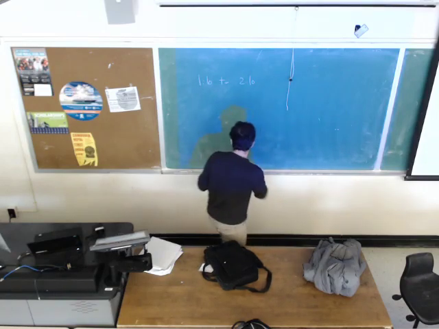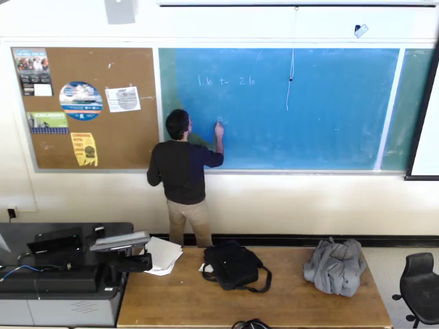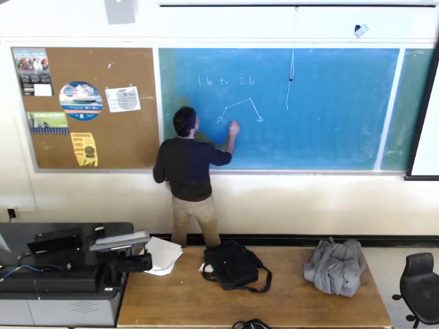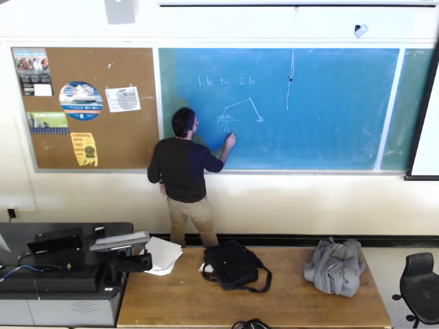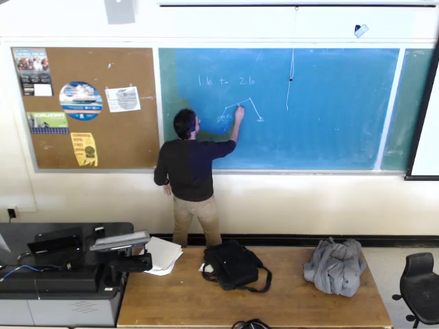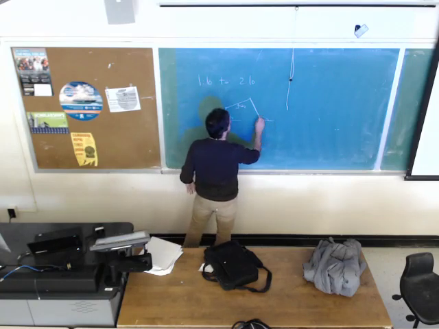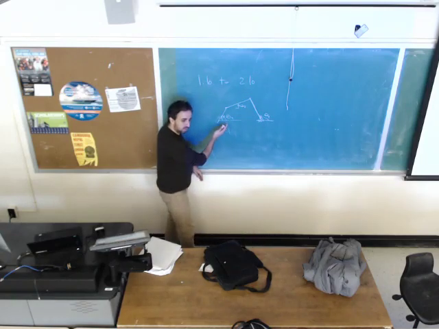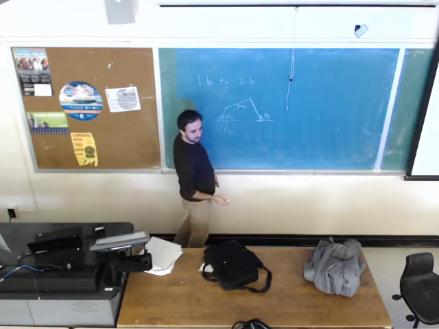So for example, if I give you a 4-bar mechanism to do velocity analysis, I give you the input angle theta 2, I give you theta dot 2. I'm not asking to solve theta 3 or theta 4, but I may ask you to derive the velocity equation.